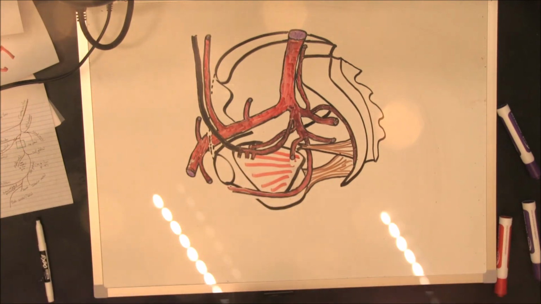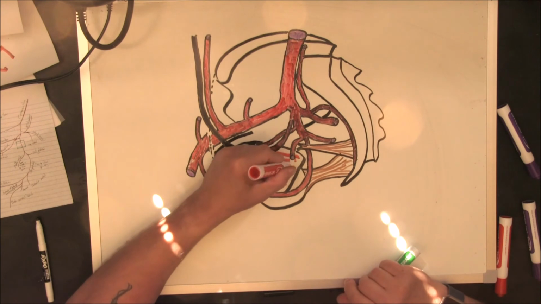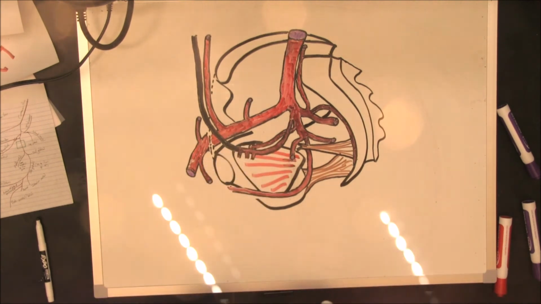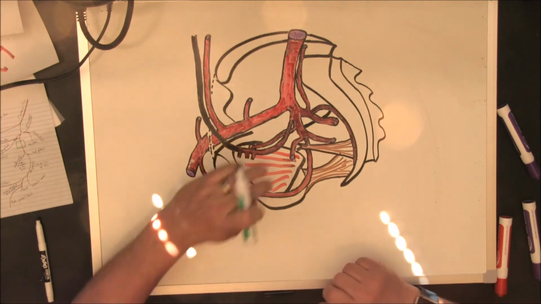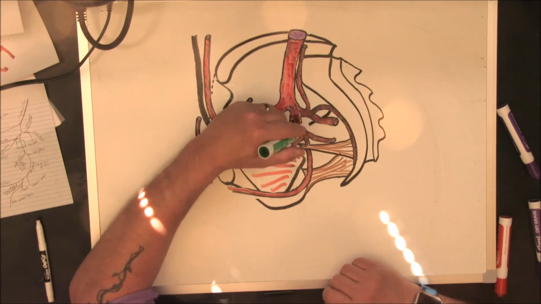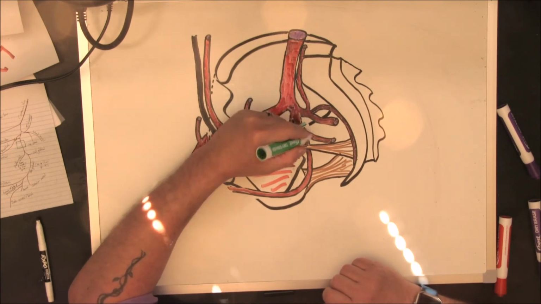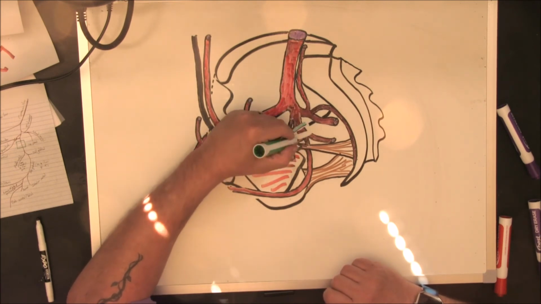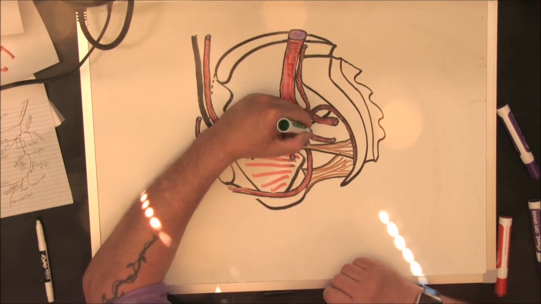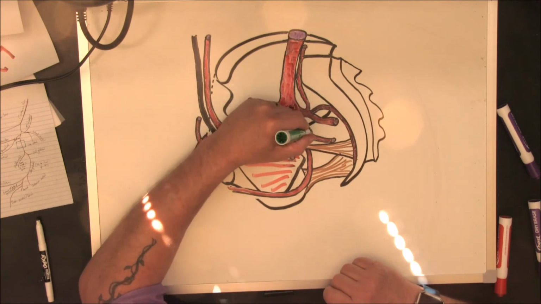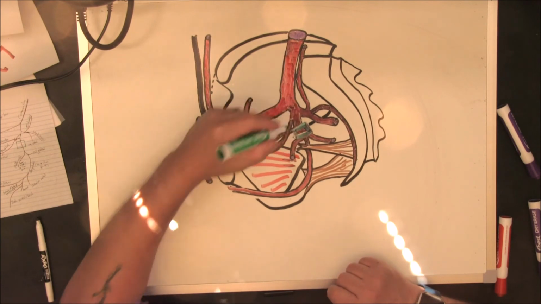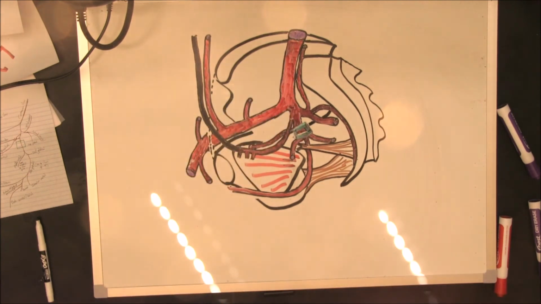Before I go any further and start looking at the different branches that are going to be coming off of the internal pudendal artery, I want to take just a second and draw your attention to this area right here between the obturator artery and these other terminal branches that I've just been mentioning. This little area that I'm outlining in green is where we're going to find the branches that vary between women and men depending on the internal genitalia that are present.